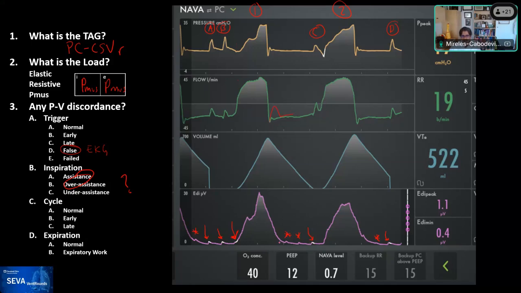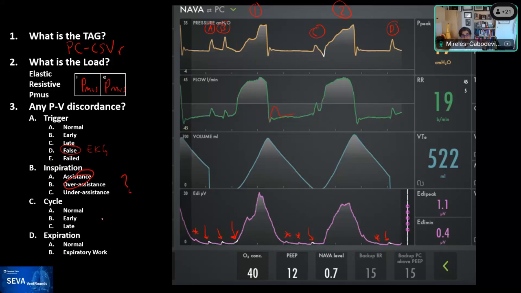You see how the diaphragm has deactivated, and this could happen again, as we said, there could be other muscles activated. The NAVA only shows you one muscle, the largest and most important, but one of them being activated. And then during inspiration, in terms of late, we don't see the flow going to zero before we get to the change.